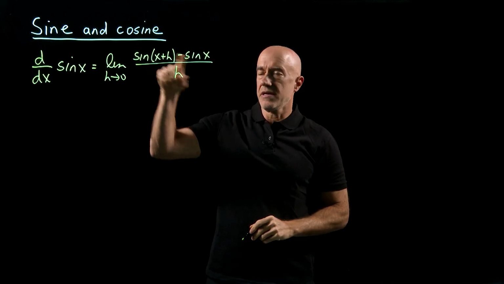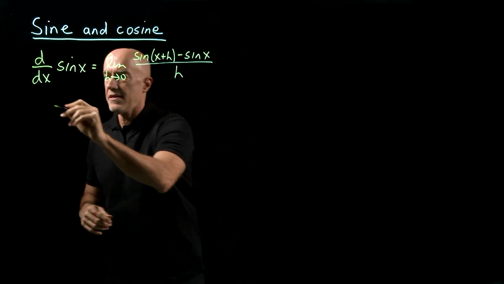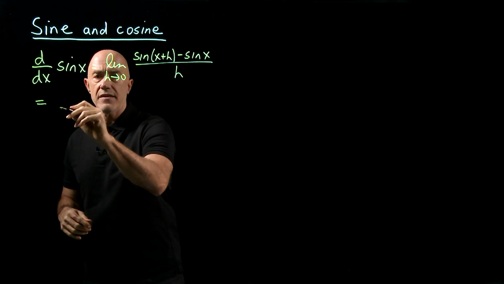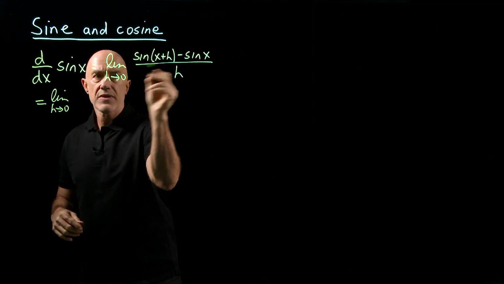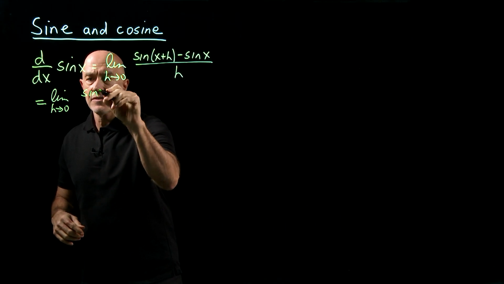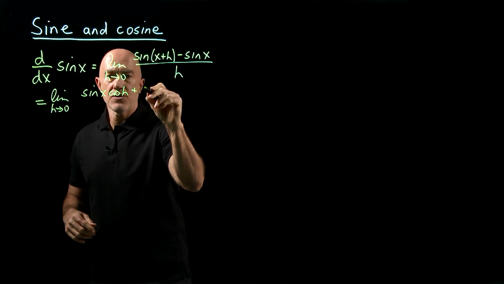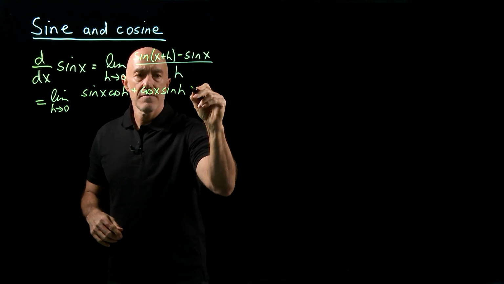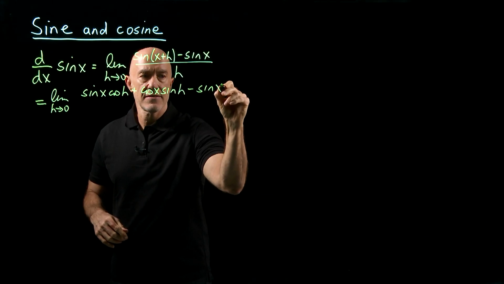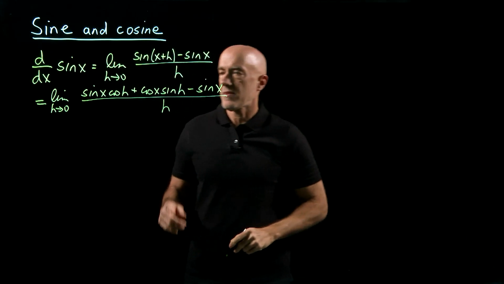We know the addition formula for sine and cosine, so we apply the addition formula for sine. That will be the limit as h goes to 0 of sine x cosine h plus cosine x sine h minus sine x, divided by h.